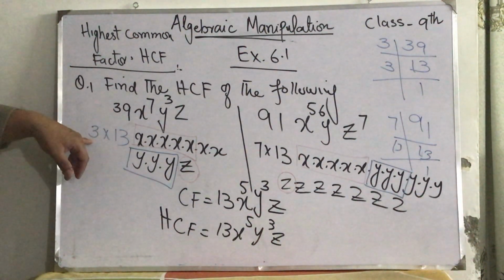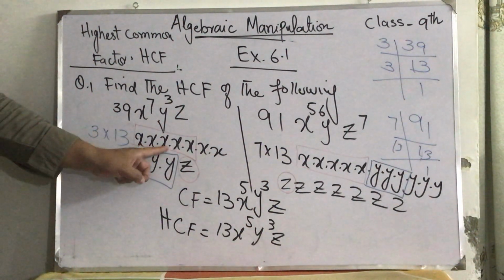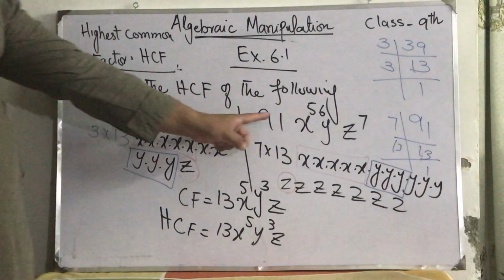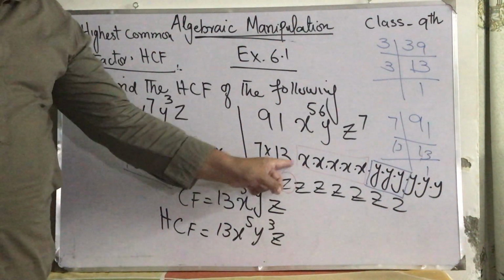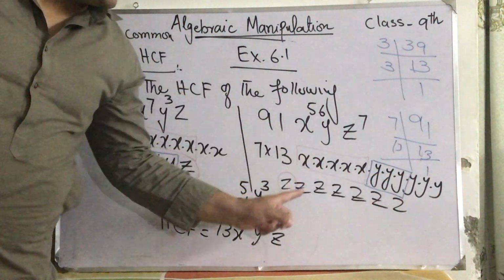Now we write the factors of the first one: 3 into 13, 7 times x, 3 times y, 1 time z. Similarly, we write the factors of 91: 7 into 13, 5 times x, 6 times y, and 7 times z.